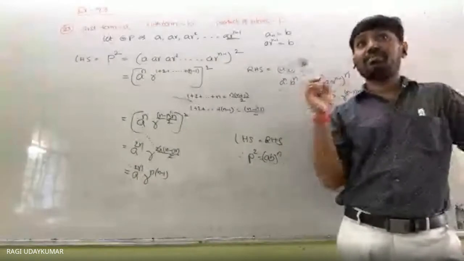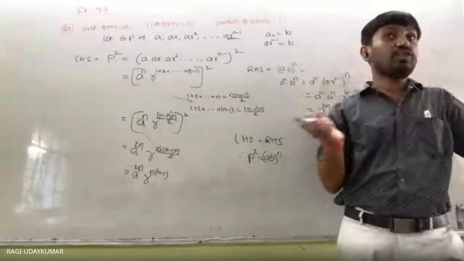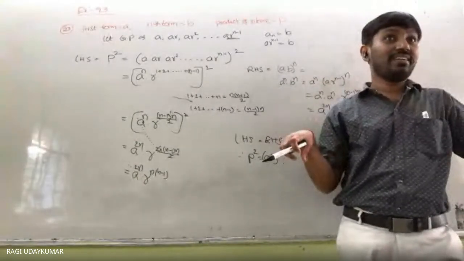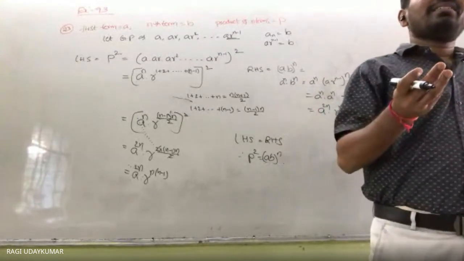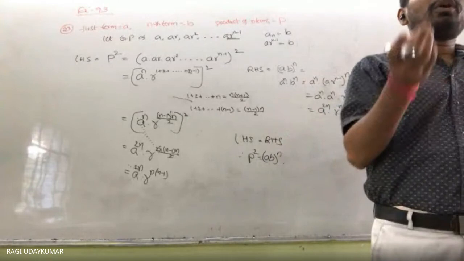Product of n terms of the geometric progression is equal to, with the help of this one only. I already said to you that product of n geometric means formula is equal to, what is the product of n geometric means? Suppose n geometric means are inserted between A and B. Do you remember?